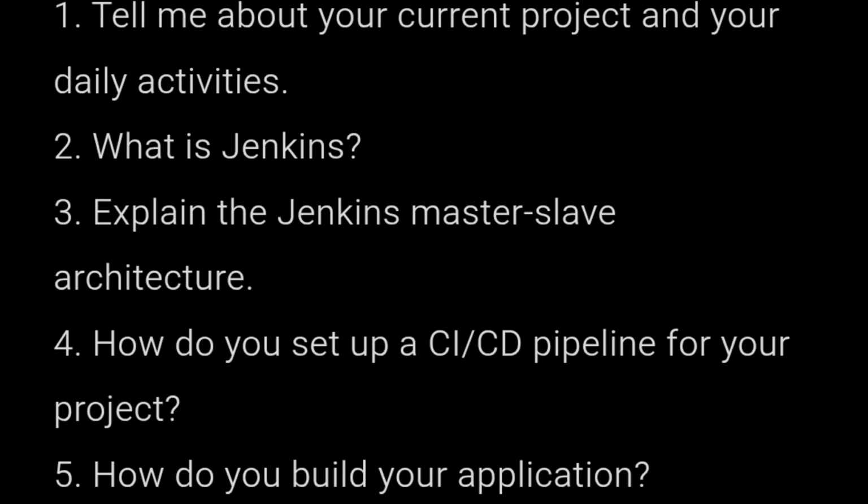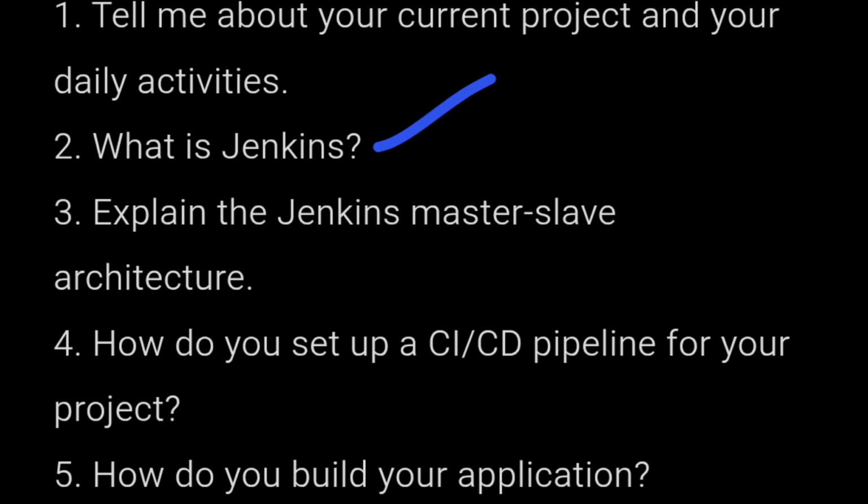The next question was a simple one: what is Jenkins? Jenkins is an open source automation server that helps to automate the software deployment process, including the build stage, testing stage, and deployment stage.